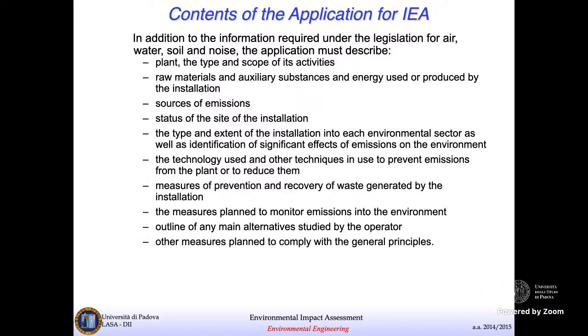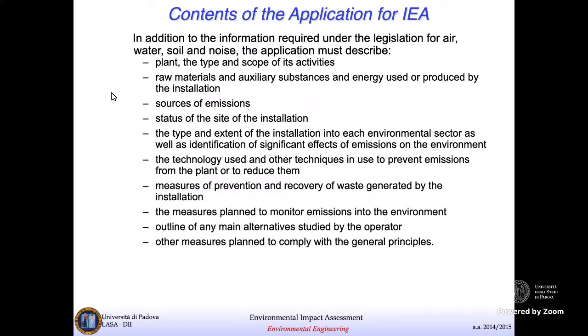In addition to the information required under the legislation for air, water, soil, and noise, the application must also describe the plant, the type and scope of its activities, raw materials, and auxiliary substances and energy used or produced by the installation, sources of emissions, the status of the site of the installation before the installation, of course, the type and extent of the installation in its environmental sector or environmental categories, as we have seen in the last lecture, as well as identification of significant effects of emissions into the environment, the technology used and other techniques in use to prevent emissions from the plant or to reduce these emissions, measures of prevention and recovery of waste generated by the installation, and measures planned to monitor emissions into the environment.